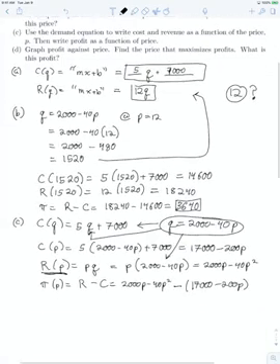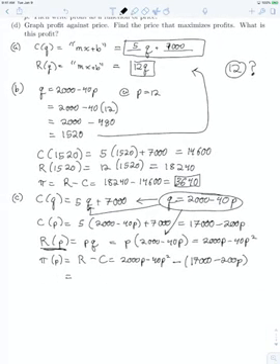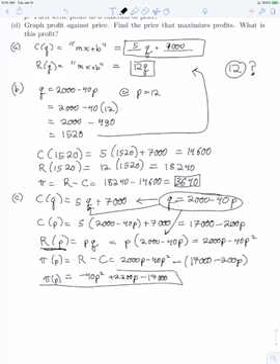And again, I can simplify that. So this is negative 40p squared plus 2,200p minus 17,000. Okay, and that's my final answer for part C.